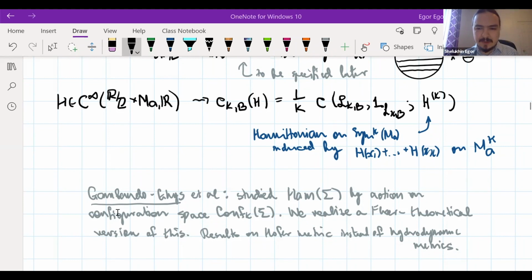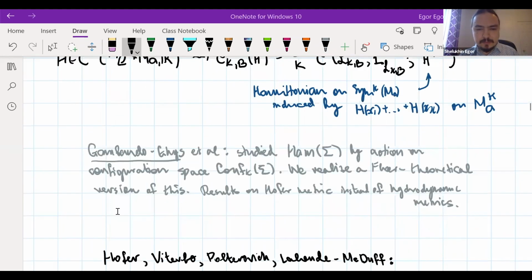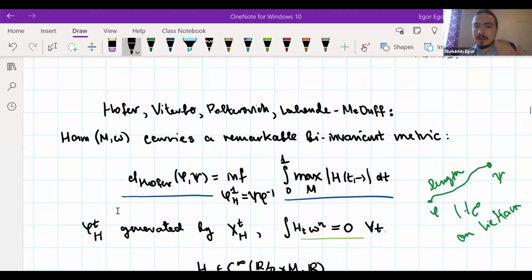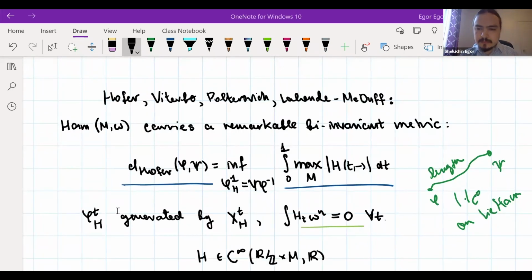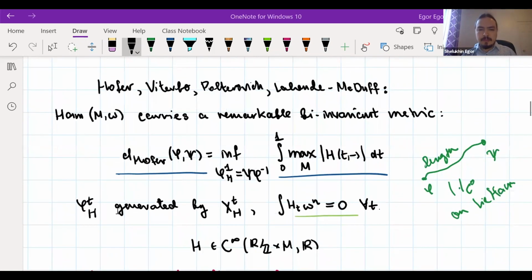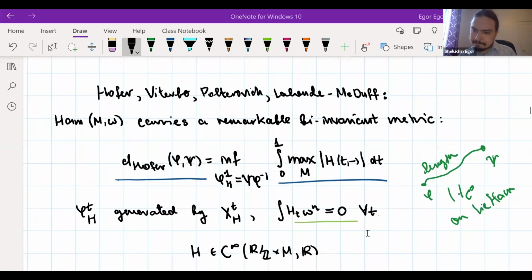Of course, we have the Hofer metric, which is a remarkable bi-invariant metric on the Hamiltonian group, which is given by this formula. But I must say that it basically means that we take the C0 norm on the Lie algebra of the Hamiltonian group, which is identified with smooth functions of 0 mean.